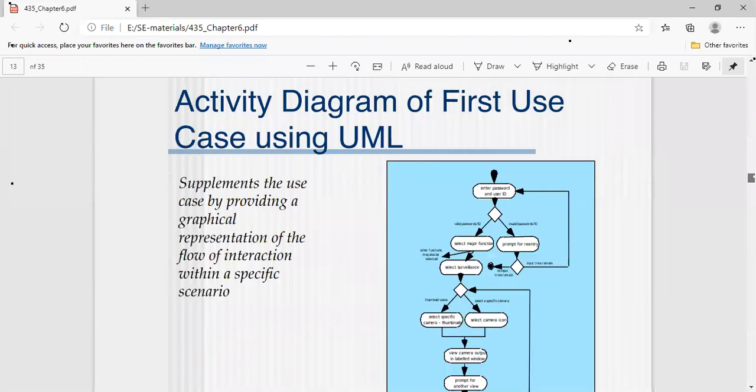This is about today's class. In scenario-based modeling, we have seen two points: how to gather the information and how to represent informal use cases. After representing informal use cases, we took the description of use cases.